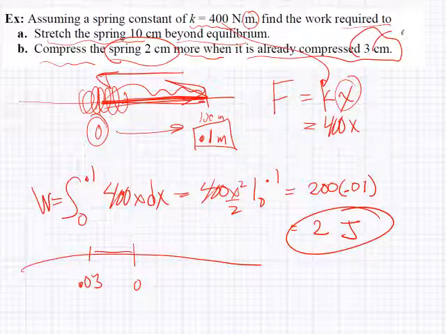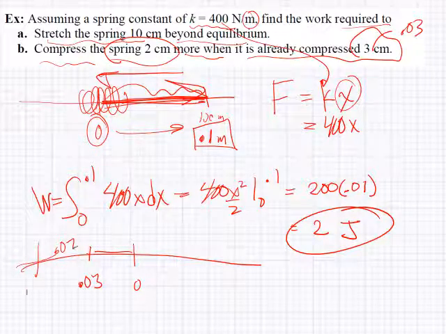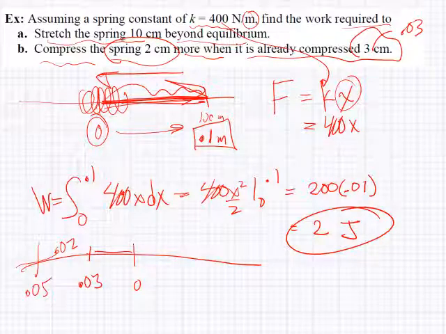It was compressed to 0.03 already, so that's where it's sitting. And then it went 2 more centimeters, which would be another 0.02 meters. So now it's at 0.05. So the spring is going from 0.03 to 0.05. Okay? So then we want to figure out what the work would take to go that far. And, sorry, these are on the negative side. We should remember, we're compressing, so we're on the negative side of 0.